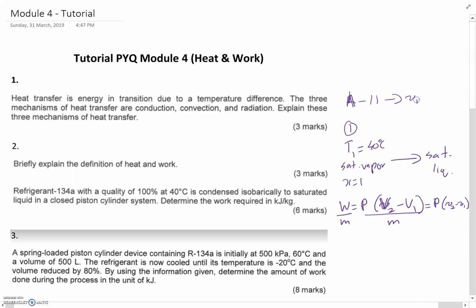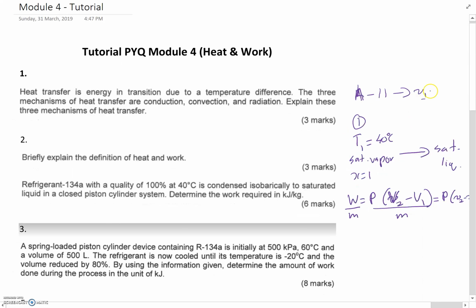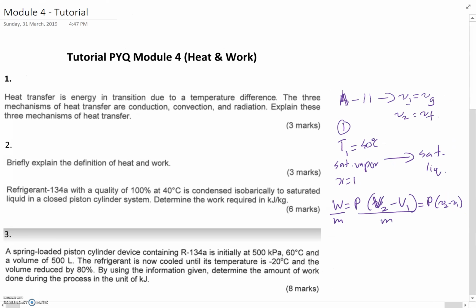Actually v1 equals vg, saturated vapor, and v2 is saturated liquid, so v2 equals vf. You can find your values and insert them, and you will get your work.